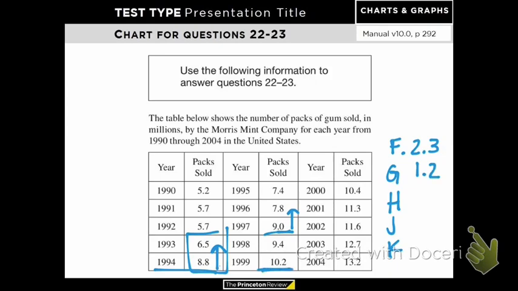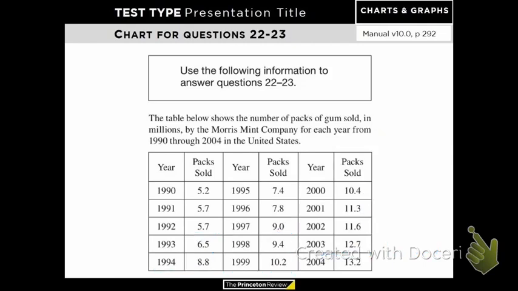Next is 1999, so here the difference is only 0.8. 2001, again look above, that's a difference of 0.9. And then the last one was 2003, look here, so comparing the 12.7 to the 11.6, which is 1.1. So the biggest difference would be F of 2.3, so the year 1994.